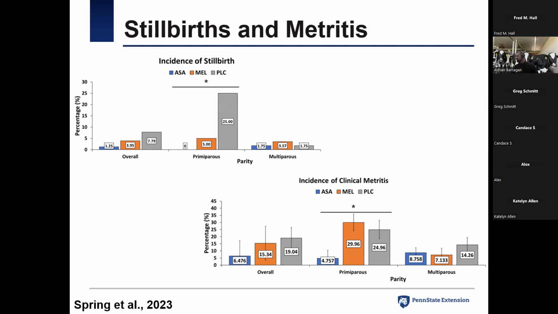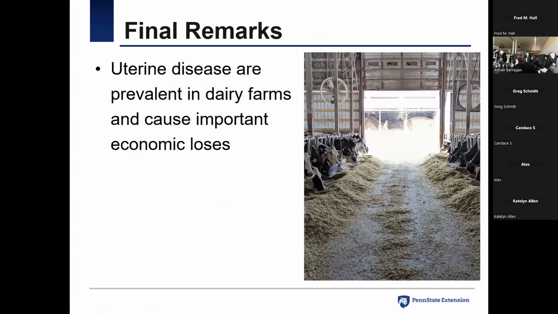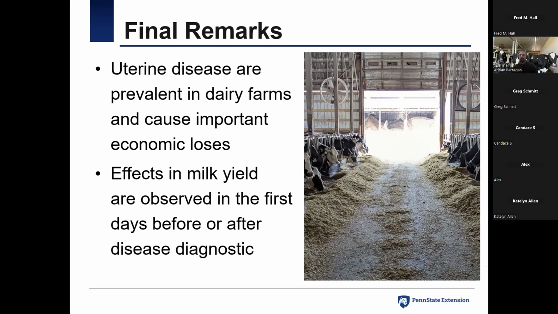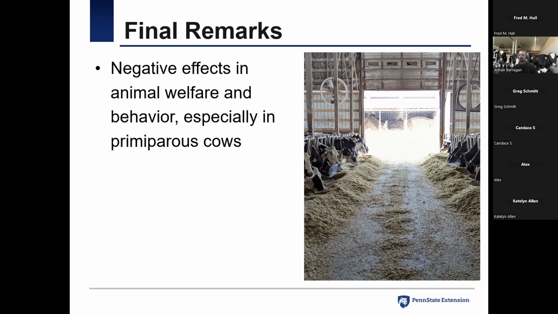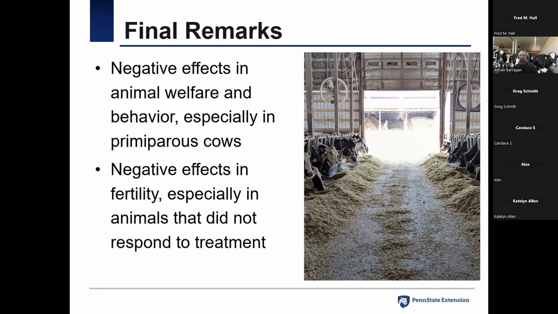All right, so to summarize the talk, I think that we know that uterine diseases are prevalent and have important economic losses for the farm, affect milk yield, affect fertility, affect welfare. We know that different diagnostic definitions have been established.